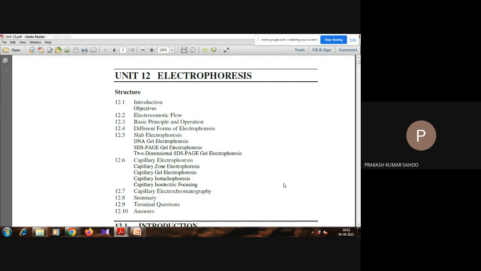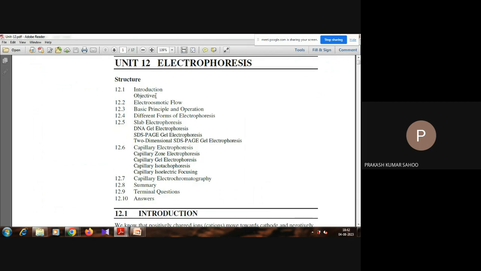We have the introduction, objective, electroosmotic flow, principle and operation, different forms of electrophoresis, DNA gel electrophoresis, SDS-PAGE gel electrophoresis, two-dimensional, capillary electrophoresis, capillary zone, capillary gel, capillary isotachophoresis, capillary isoelectric focusing, capillary electrochromatography. Then at the end we have the summary.